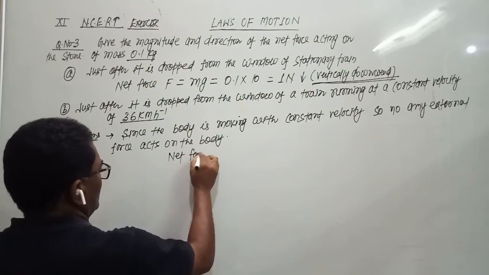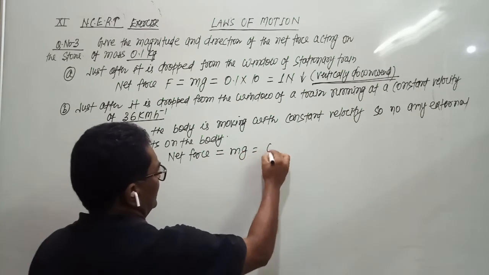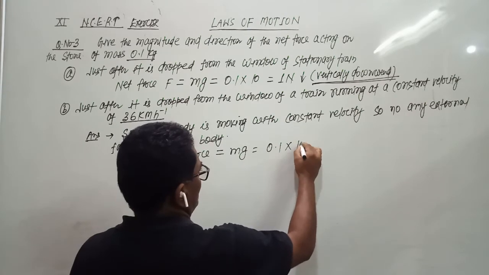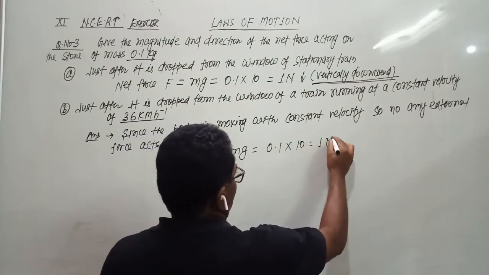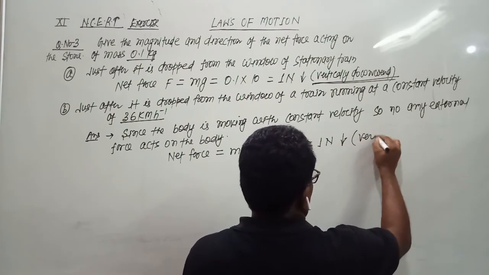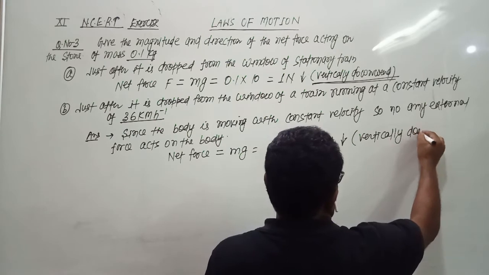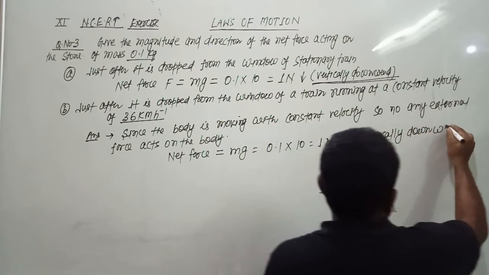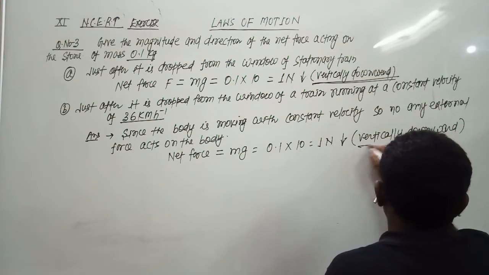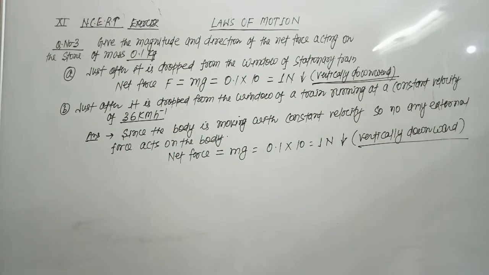Therefore the net force is equal to m into g, 0.1 into 10, which is 1 Newton, and its direction is also vertically downward. The net force, which is in the form of weight, is again acting in the vertically downward direction.